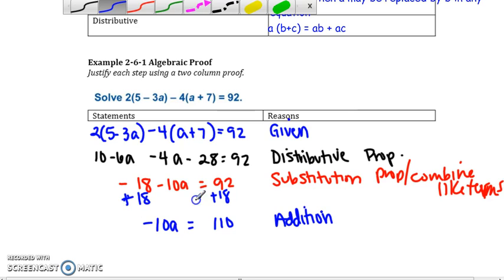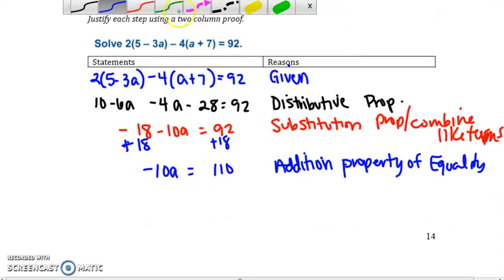We don't normally show the steps within there. Equality means we have an equal sign. We might see property of congruence in later lessons, using a congruent symbol, but since we're using an equal sign, it's equality.